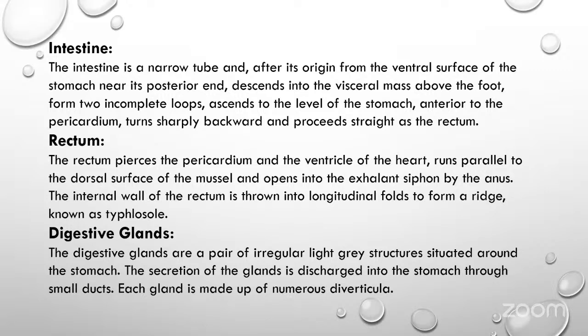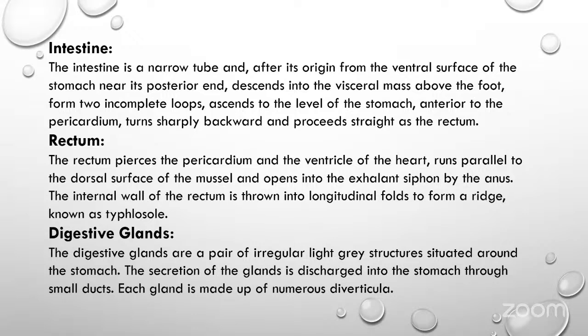The rectum pierces the pericardium and the ventricle of the heart, runs parallel to the dorsal surface of the muscle and opens into the exhalant siphon by the anus. The internal wall of the rectum is thrown into longitudinal folds to form a ridge known as the typhlosole.